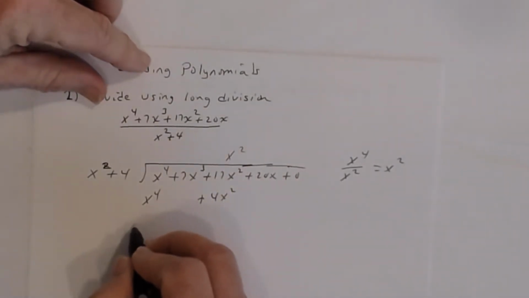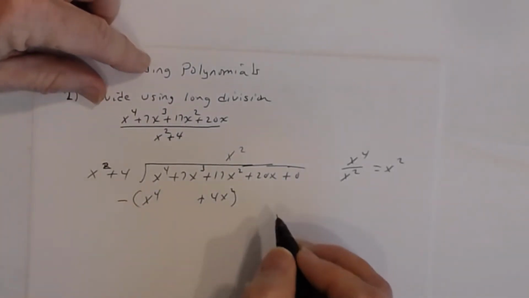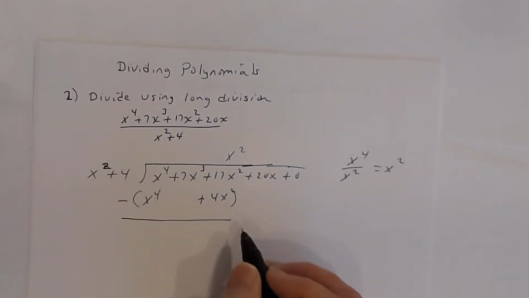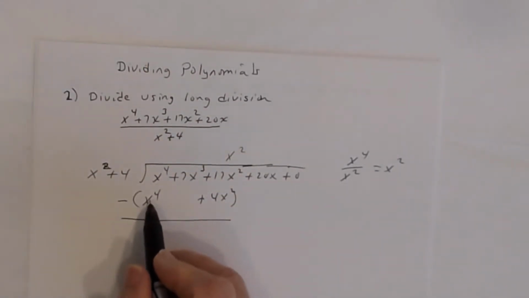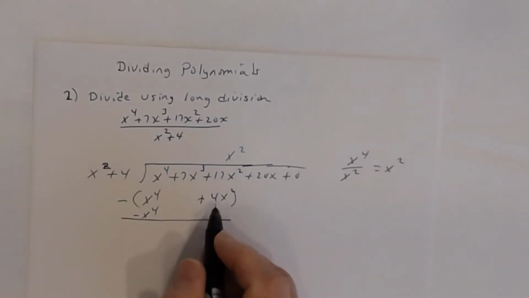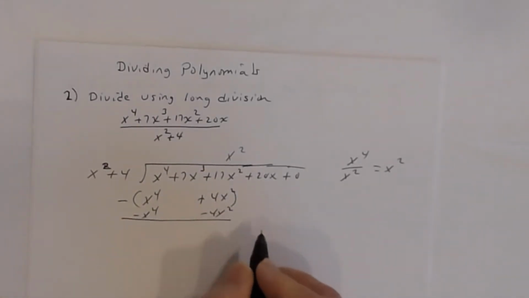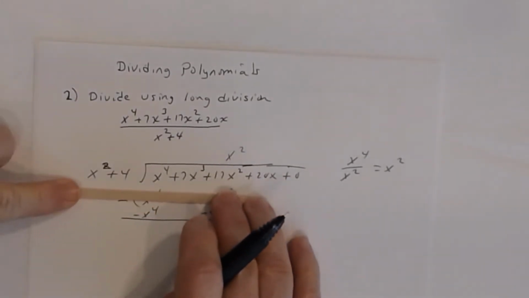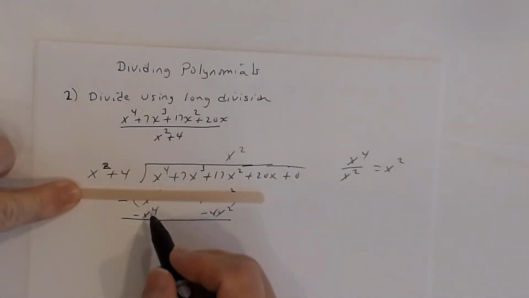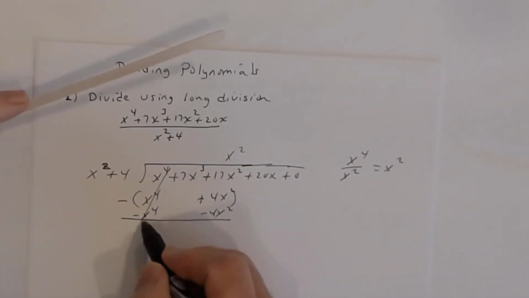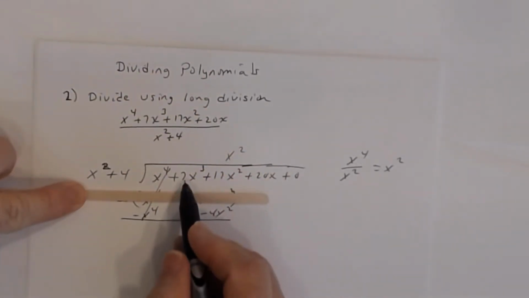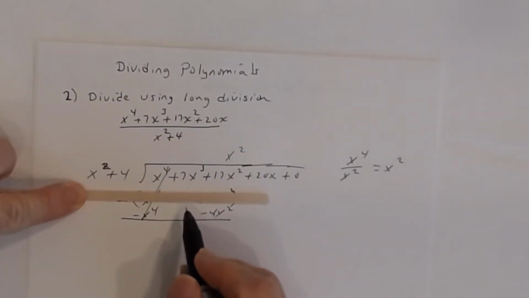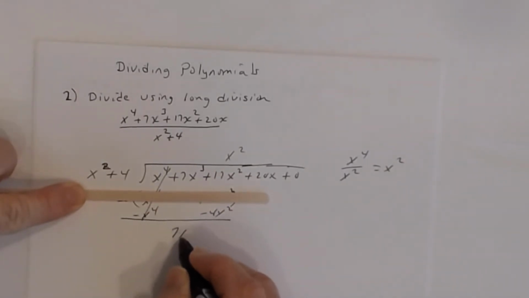All right, and now you're going to subtract. The opposite of x to the fourth is negative x to the fourth. The opposite of a positive 4x squared is a negative 4x squared. Then you're going to add those. X to the fourth and a negative x to the fourth is 0. 7x cubed, there's nothing there with it, so I'm going to bring it down.